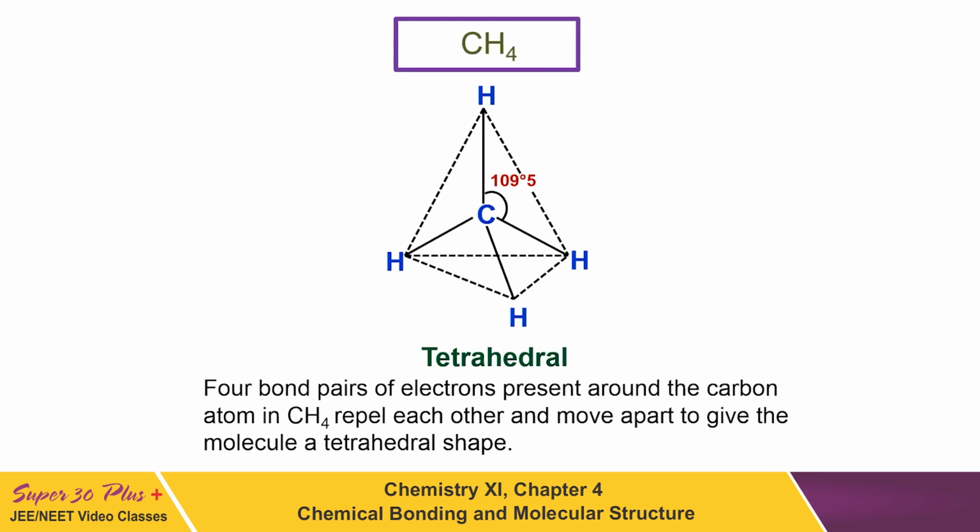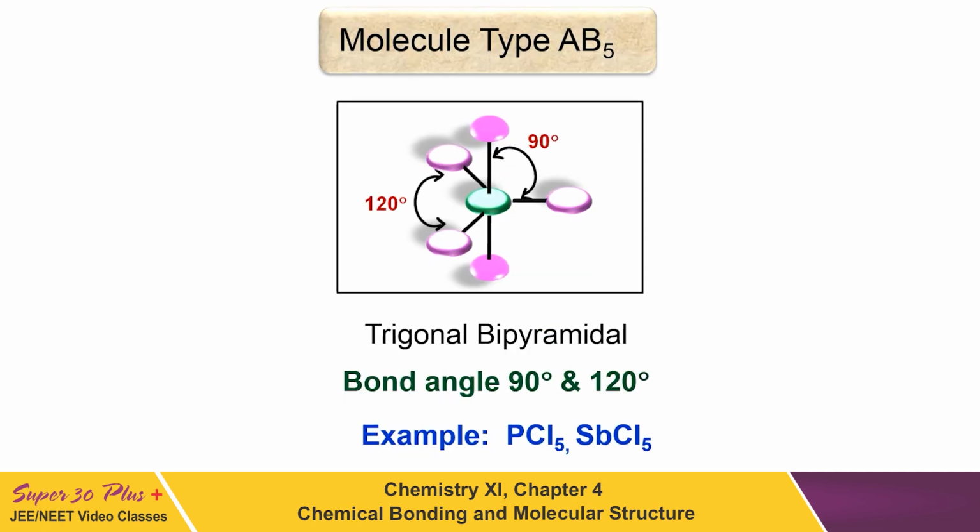Another example of this VSEPR is CH4. In CH4, the bond angle is 109 degrees, tetrahedral shape, all bonds are identical. The 4 bond pairs of electrons around the carbon atom in CH4 repel each other and move apart to give the molecule a tetrahedral shape.